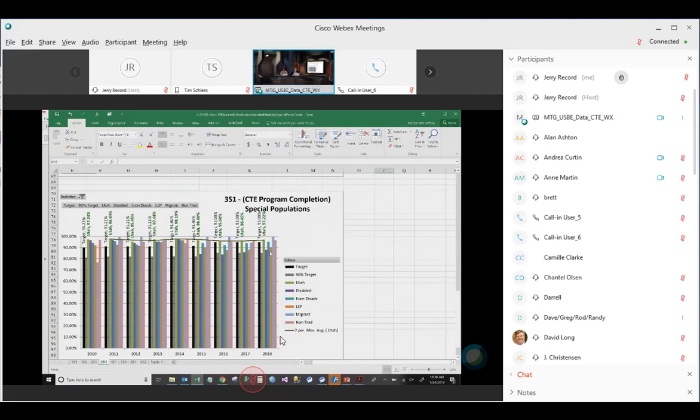Disabled, the blue is economically disadvantaged, orange is LEP. Migrant is up there, and I think the reason for that is because the N size is so small. And then non-traditional students.